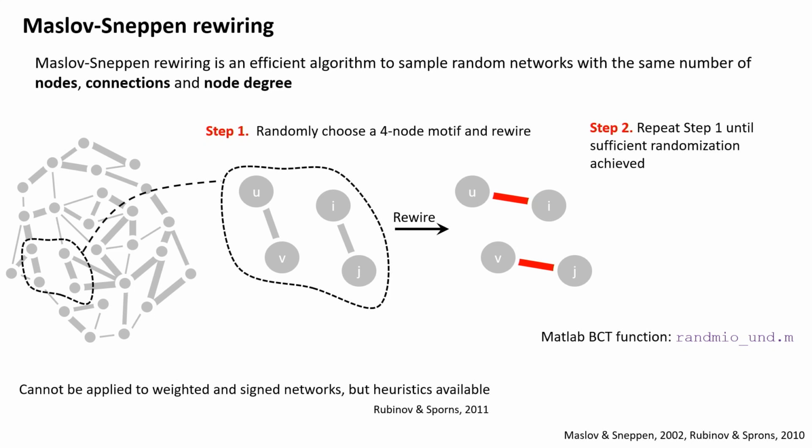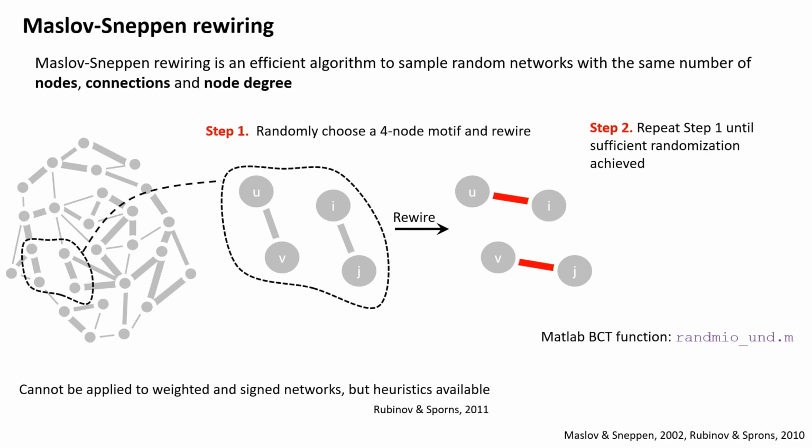Basically, we choose a four-node motif in our network, and we just rewire it, as I've shown there. Rather than the two connections going from U to V and I to J, we rewire it such that we have U to I and V to J, and we repeat this rewiring step again and again, hundreds of times until we achieve sufficient randomization. And if you think about it for a while, this will guarantee that the node degree is preserved and the number of connections remains the same, right?